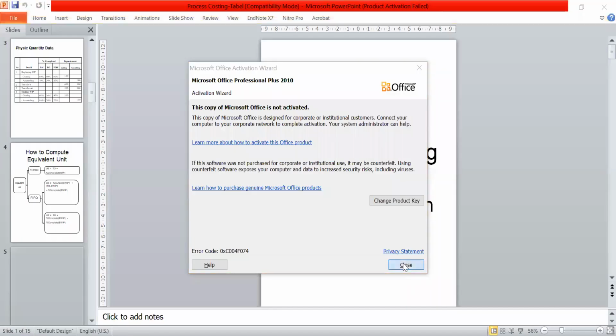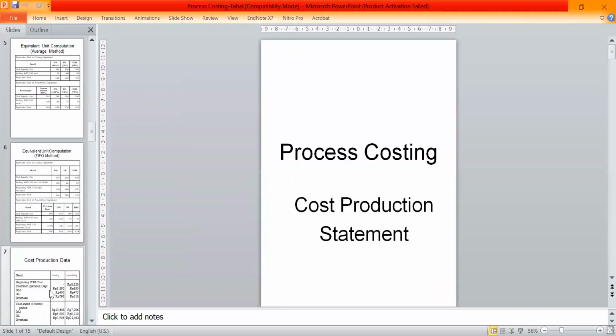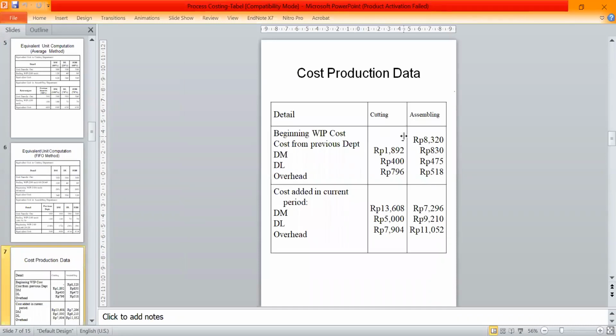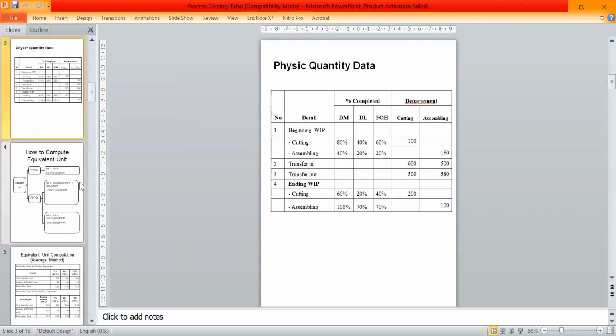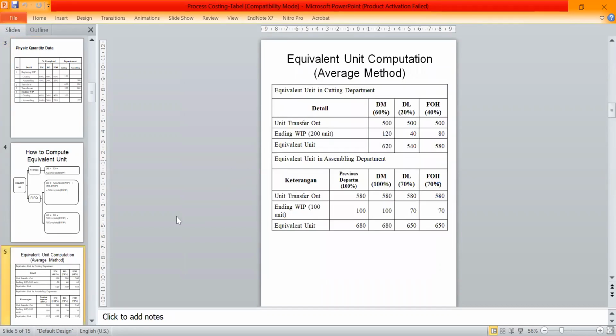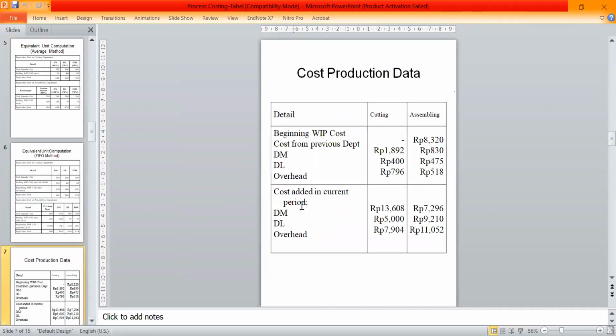Because we're talking about the cost production data, we have to take a closer look at this information. We're not talking about the unit again, because the unit is on the first part of the cost production statement. So now in the second and the third part of the cost production statement, we need to concentrate on the information about the cost, about the rupiah, about the dollar.